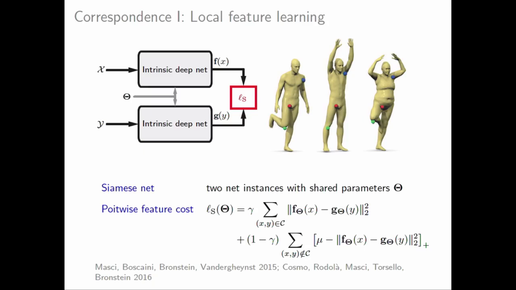These curves plot the percentage of correspondences versus the threshold, the error radius, and the higher the curve is, the better. You can see that, for example, when using an intrinsic architecture like the mixture model network, you get significantly better performance than standard methods that do not use learning, such as blended intrinsic maps.